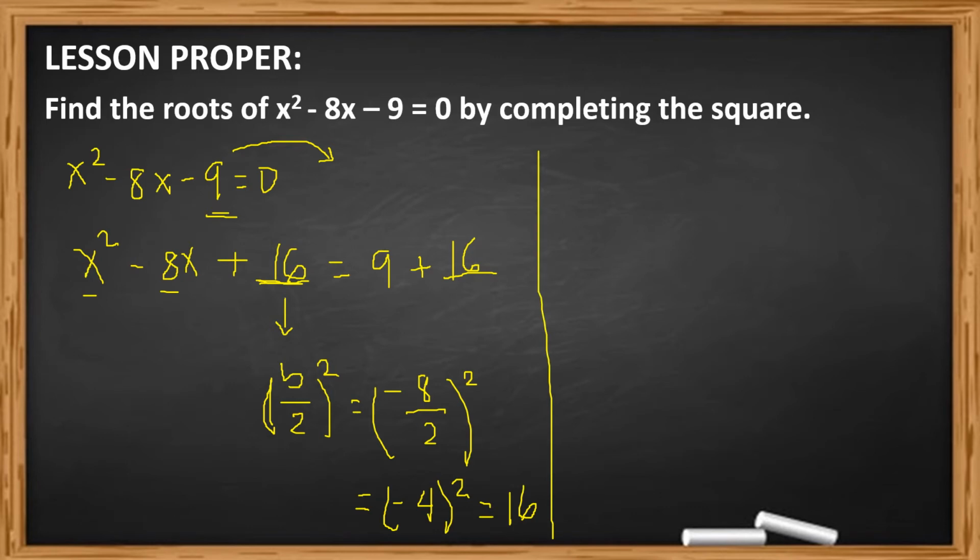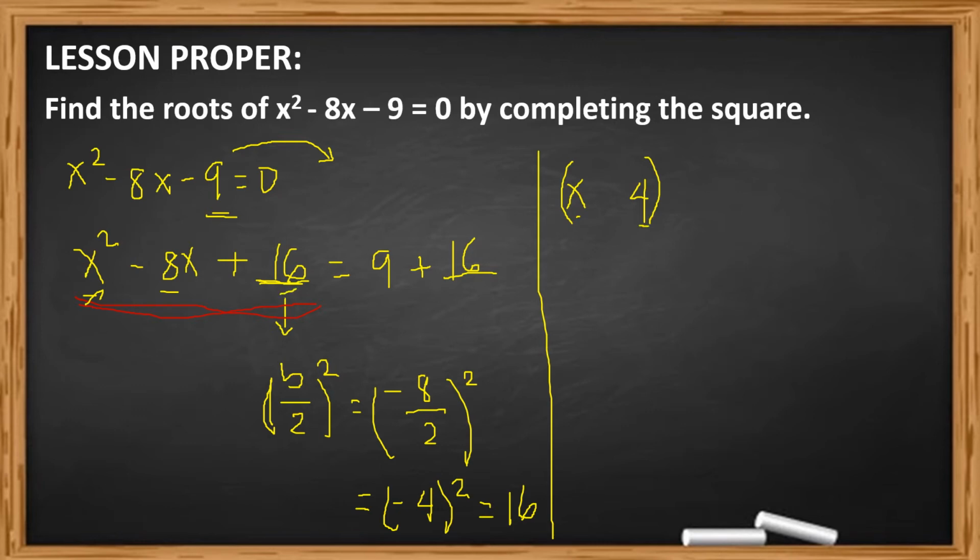Now, on the left side of the equation, we have already completed the perfect square trinomial. So we are now ready to transform it into a square of binomial. Again, to transform the perfect square trinomial into a square of binomial, just take the square root of the first term and the square root of the last term, or the third term. So the square root of x squared is x here, and the square root of 16 is 4 here.